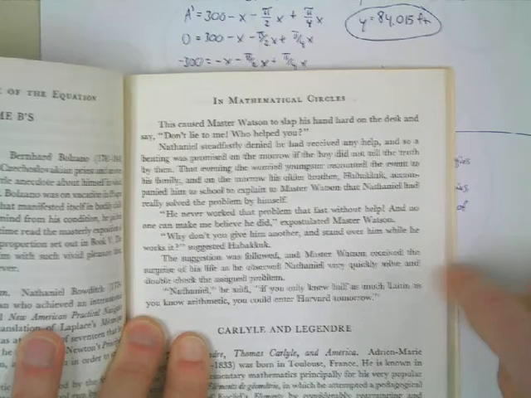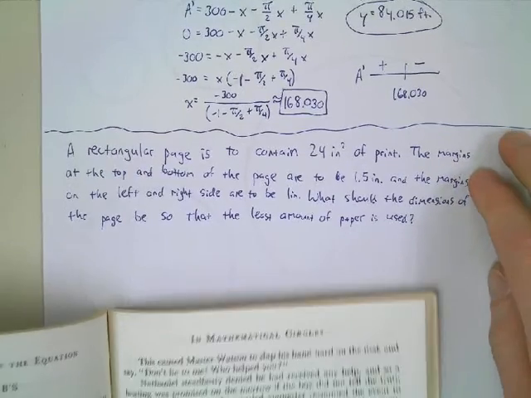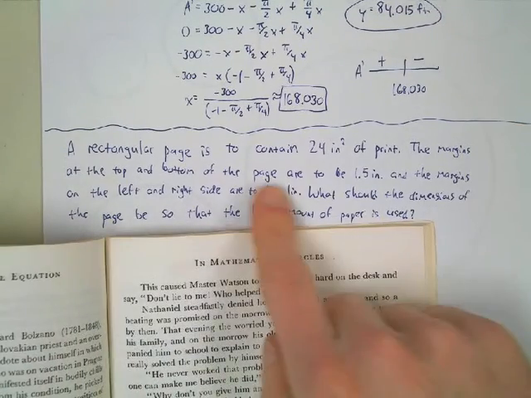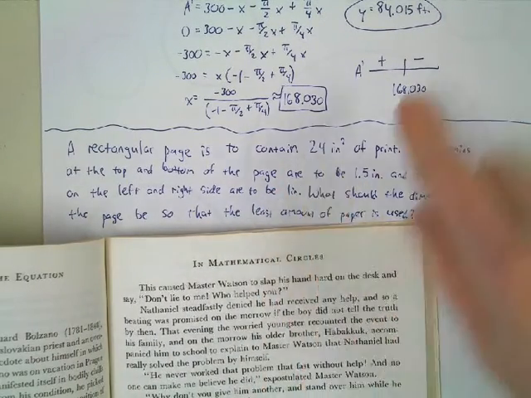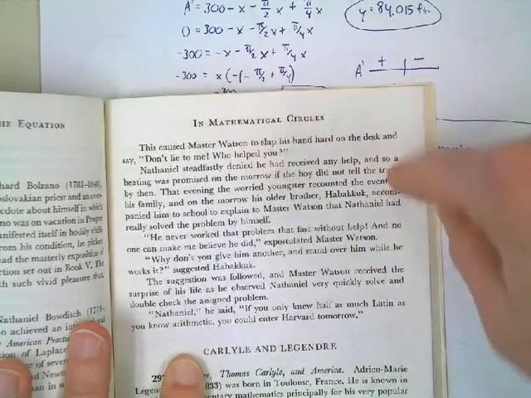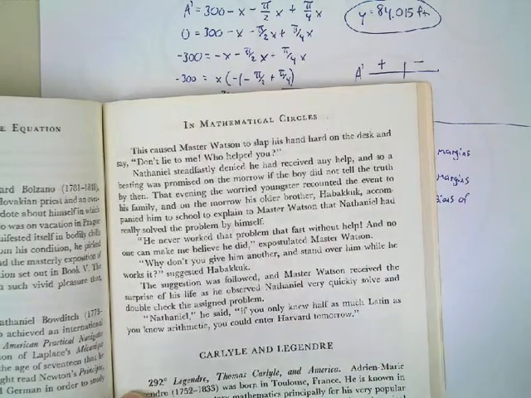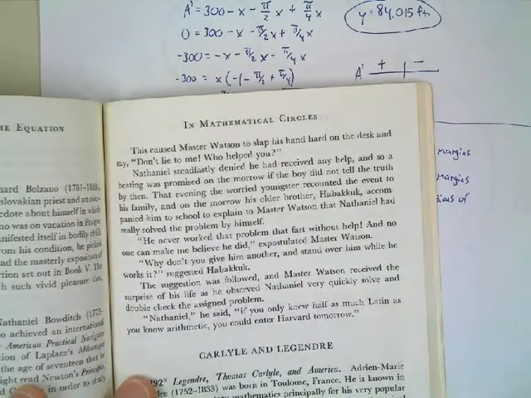So the idea here is that we have this rectangular page that needs to contain 24 square inches of print. This creates a rectangle right around the print, and we want it to contain 24 square inches of print. That's our constraint here. Okay, so.